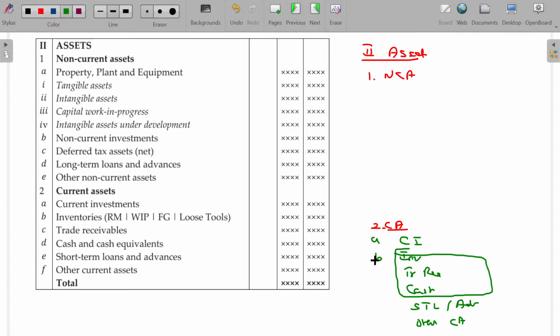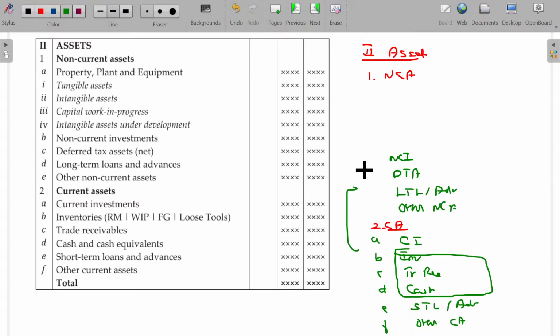A, B, C, D, E, F. You now write the same here. How? Current investment becomes non-current investment, and this one becomes deferred tax asset. This will remain as it is. Long-term loans and advances, other non-current assets.